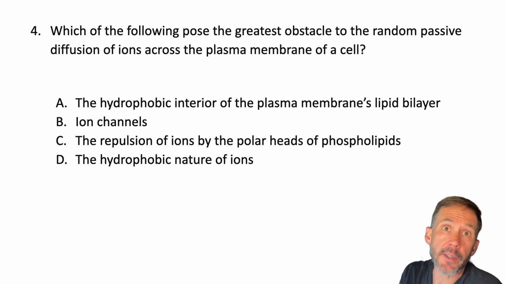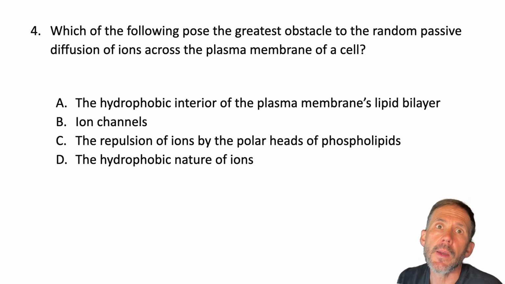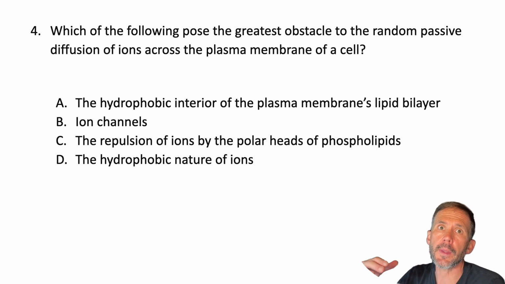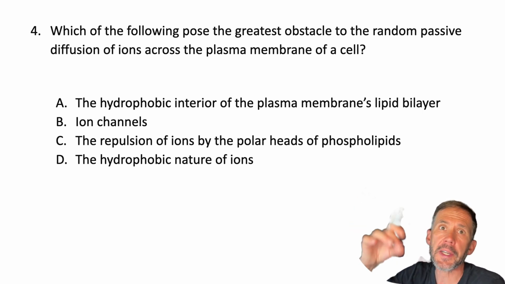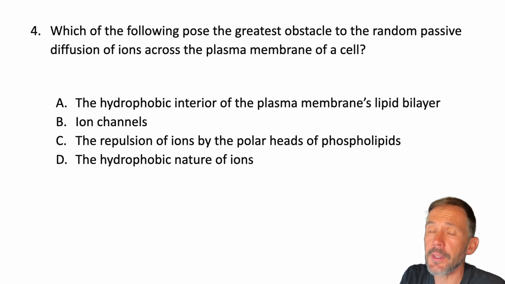And ions are very small as singular entities, right? But they're charged and they interact with water. And they're also not energetically favorable to get across that greasy, lipid, hydrophobic internal environment. So ions don't diffuse just across membranes.